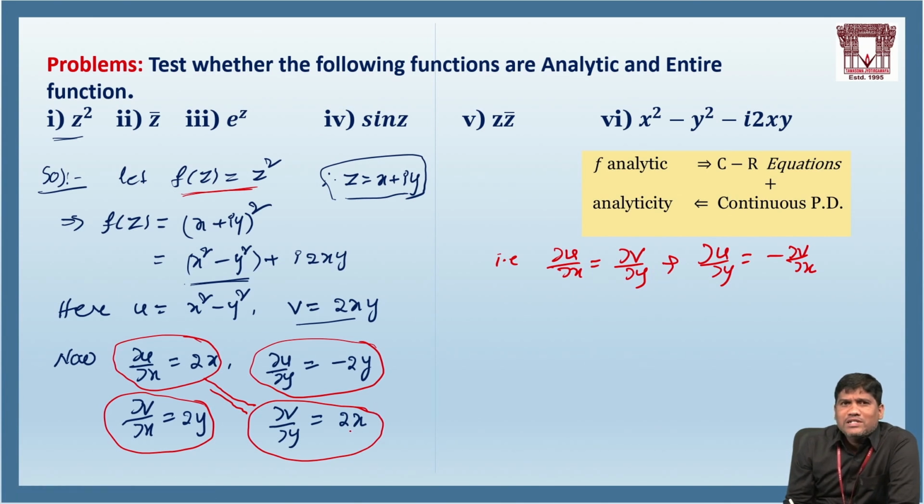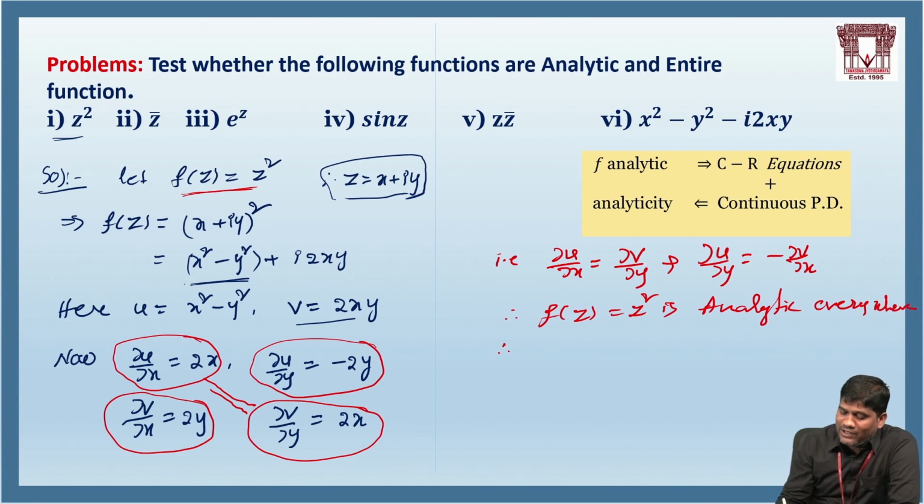These four first order partial derivatives are continuous everywhere, so we can say the function f of z is equal to z square is analytic everywhere, so we can say the function is an entire function.